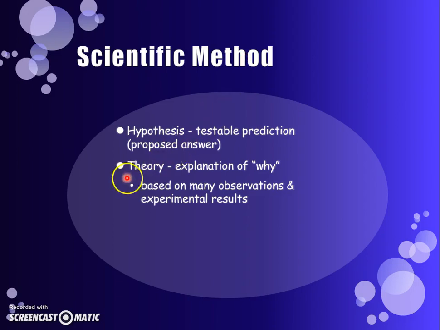Things change over time. Like plate tectonics, they were gathering evidence that it occurred, but we will never be able to prove it. We will never be able to prove the Big Bang Theory. We will never be able to prove the atomic theory, but we keep gathering evidence. Do you know that with the atomic theory, they believed a long time ago that it was just one small little particle that made up an aluminum atom?